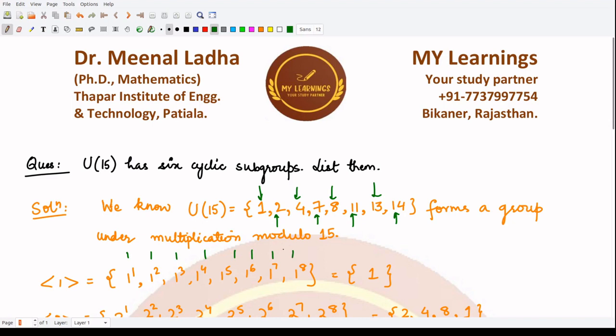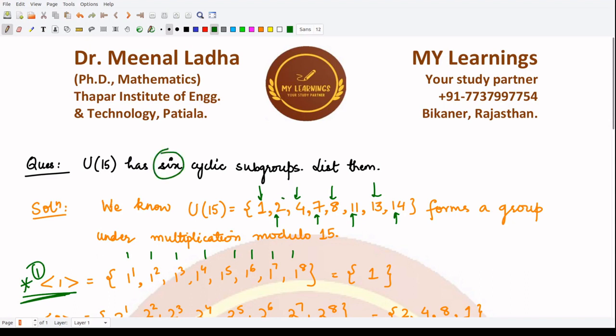So in this case you only have one element present within your set, which is 1, hence it forms a trivial subgroup. And in fact, why is it cyclic? Because it is generated from one single element, correct? So we obtain one cyclic subgroup, correct? We have to obtain 6 of them.